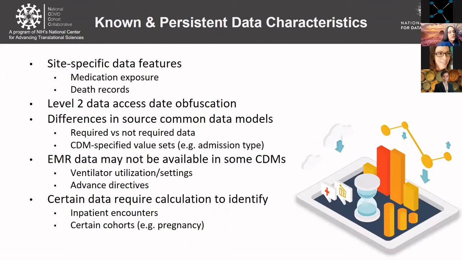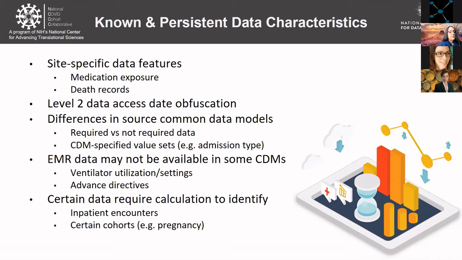Whereas there's much focus on work on alignment and harmonization of the incoming data, there are some known persistent data issues which are documented and available in the enclave so that researchers are aware of any potential limitations that exist when performing analyses. Sites collect data in their EMRs differently and also transform their data to contributing common data models differently.